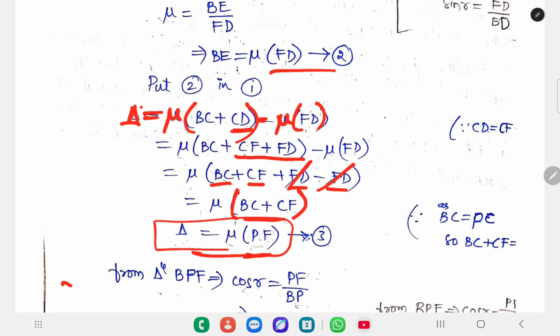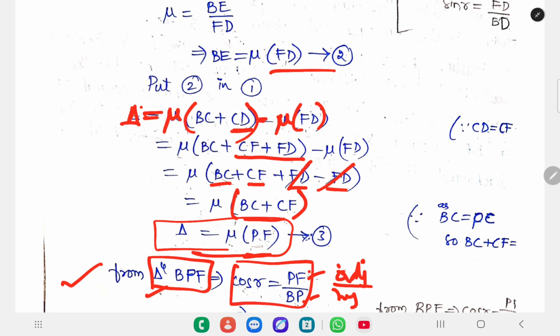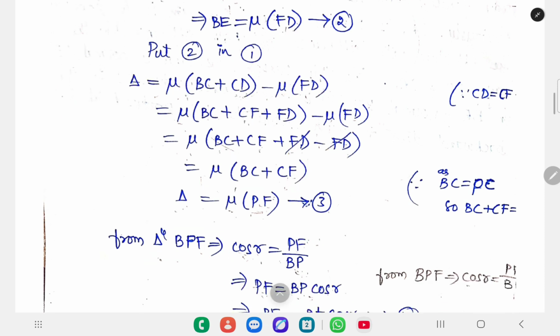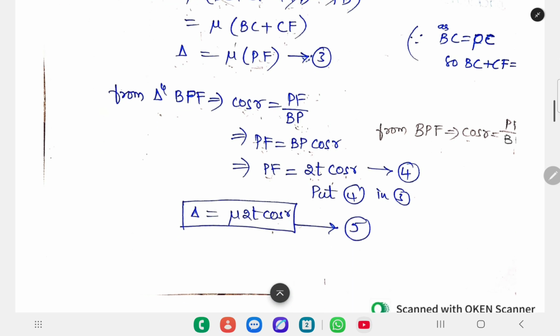Again from triangle BPF, cos r is equal to PF by BP, that is adjacent by hypotenuse. So PF is equal to BP cos r.